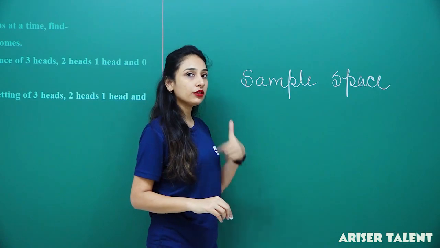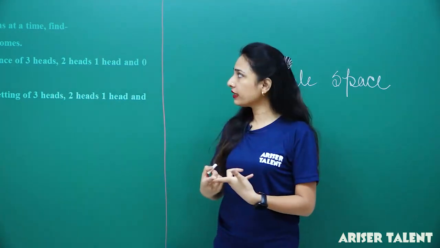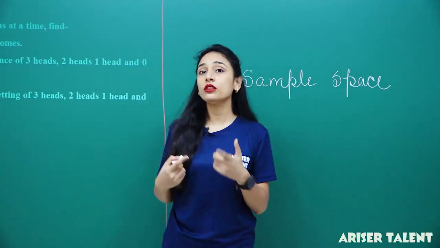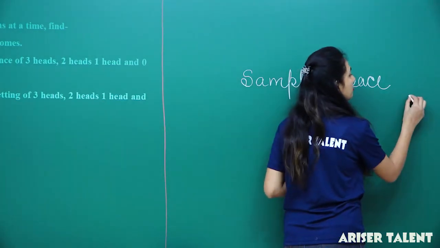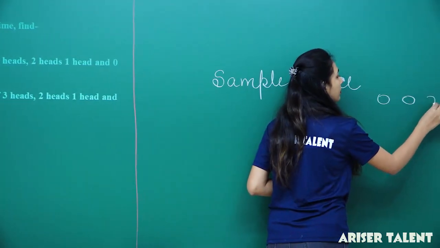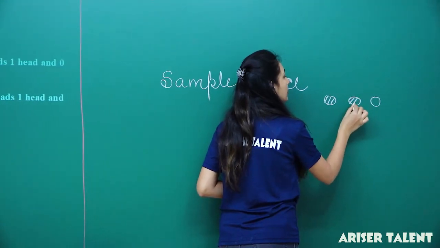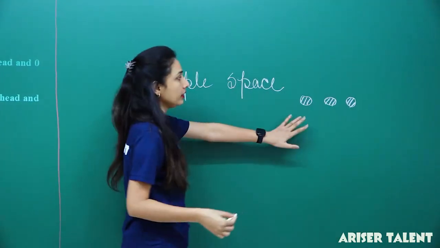Like if I talk about this question where I am tossing three coins, so if I am tossing 3 coins, 1, 2 and 3, these 3 are coins basically.